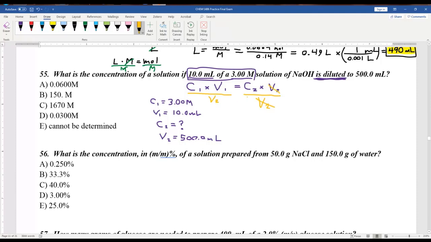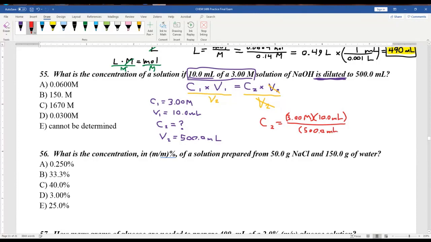So V2 cancels out, I get C2. So then all I have to do is plug in the numbers here. I have C2 is equal to C1, 3 molar, times V1, which is 10 milliliters, over V2, which is 500 milliliters.